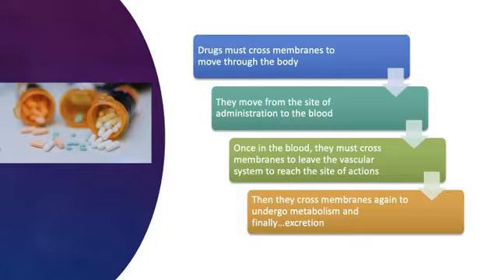So they have to move from the administration site, being GI, sublingual, or skin, to the blood. But once the medication is in the blood, they have to cross certain membranes through the vascular system into the site of action. Then they have to cross these membranes and undergo metabolism, and finally excretion is needed.